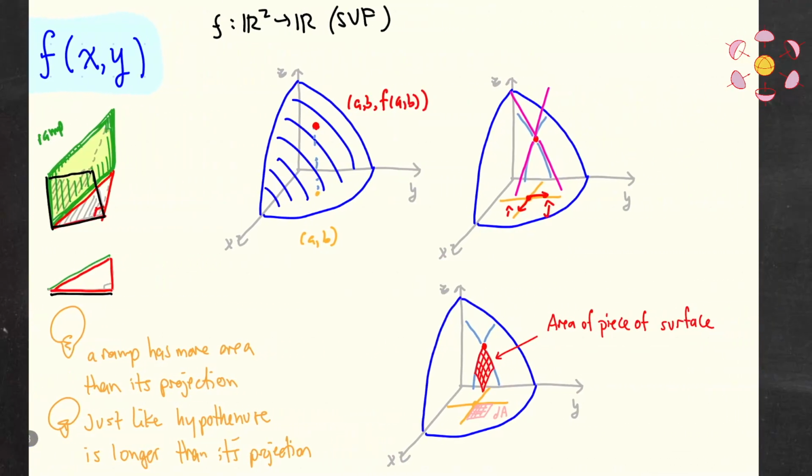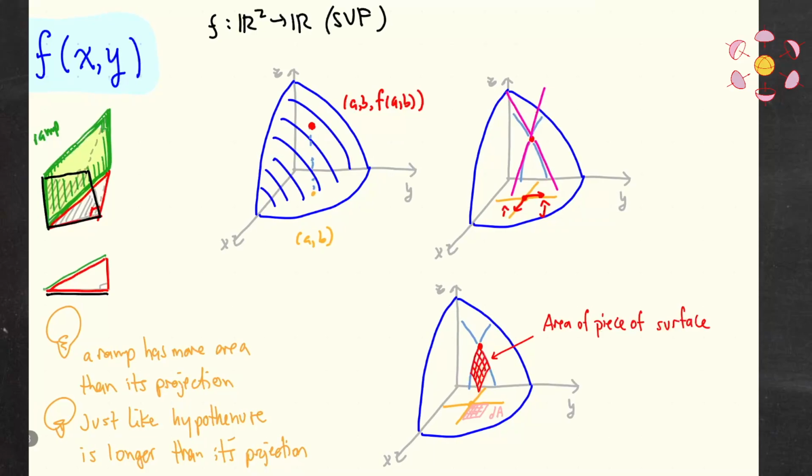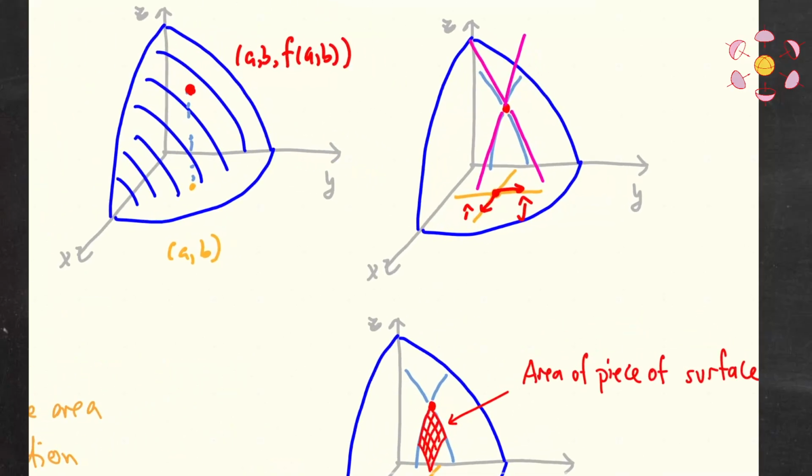So how do we actually come up with a formula? Well, the insight is, let's start by taking a point (a, b) in the plane, then looking at that red dot, which is (a, b, f(a, b)). This would be on my surface, which is the blue part. So the key insight here is, if I look at those two pink lines, those are tangent lines to the surface.